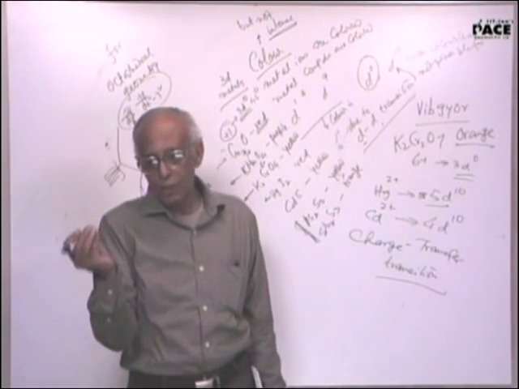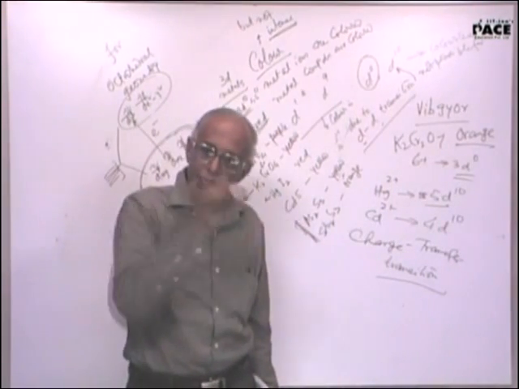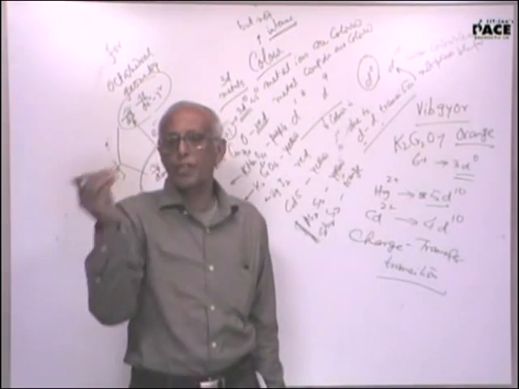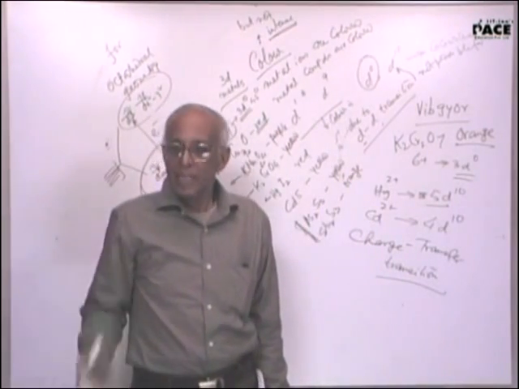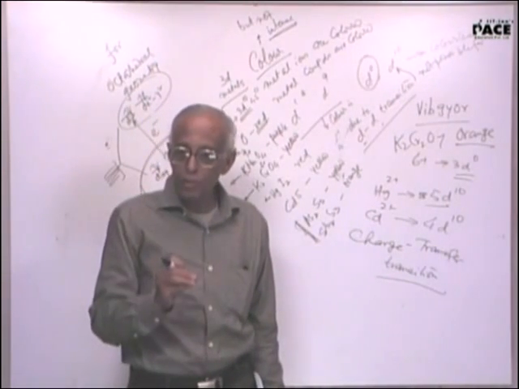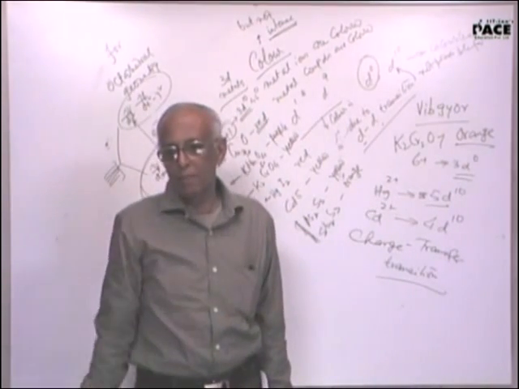That means an electron is given from oxygen or sulfur to the metal. And that transfer of electron is called charge transfer. That is responsible for color for d0, for d10, and for representative element compounds.